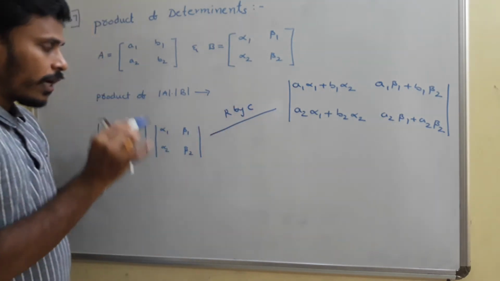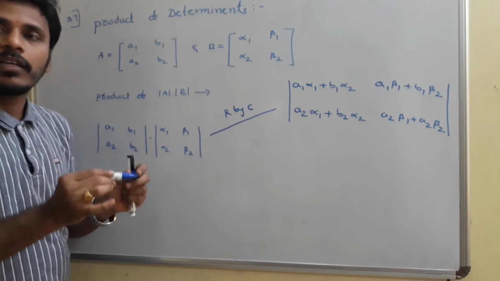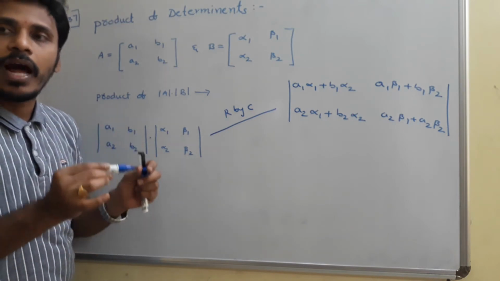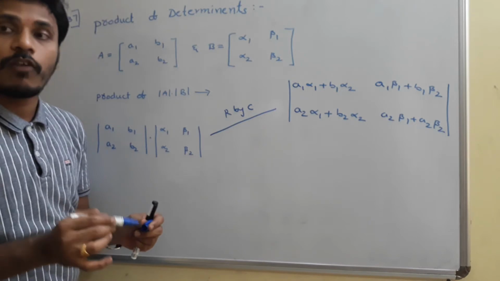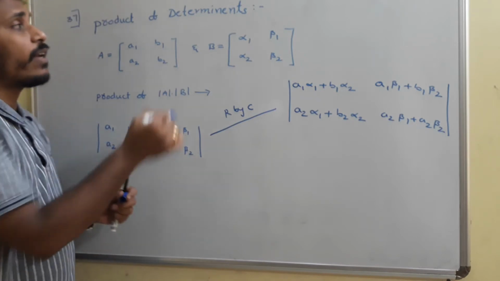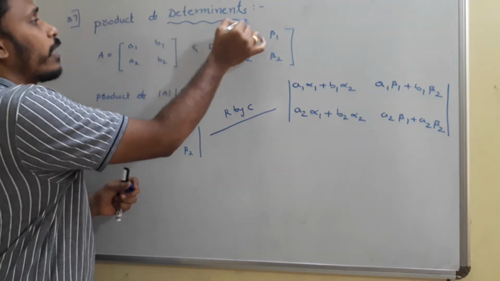This row by column technique is the only one applicable for the multiplication of matrices. But here we are discussing the product of determinants.